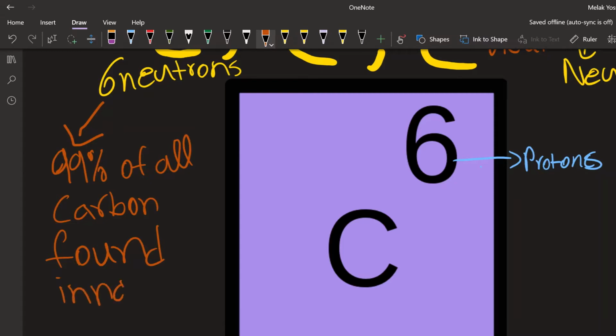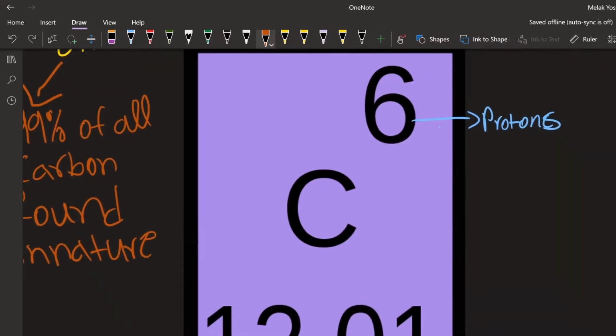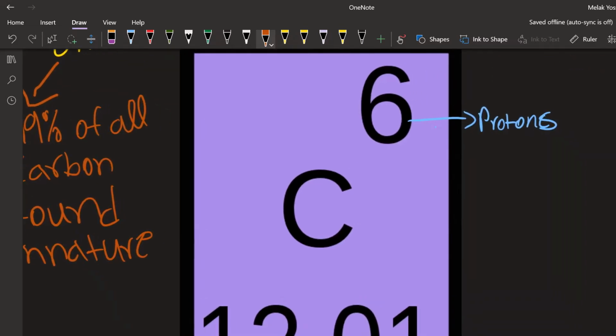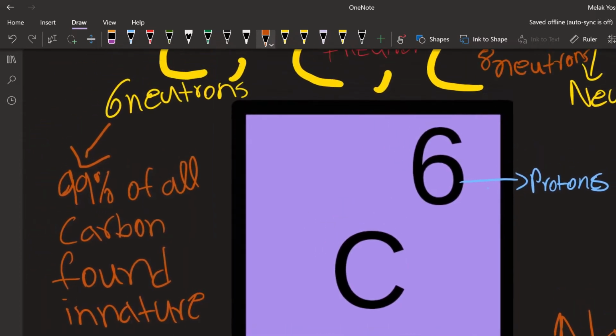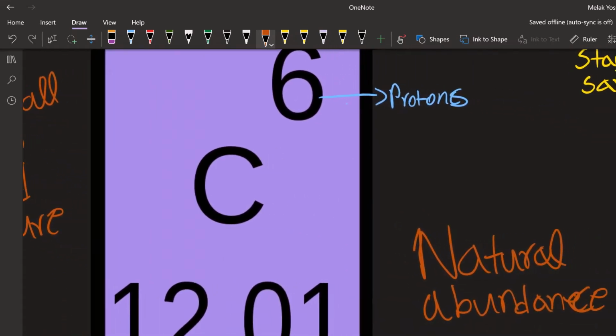The percentage with which a specific isotope is found in nature is called the natural abundance. So we've established that the carbon 12 isotope has a natural abundance of 99%.